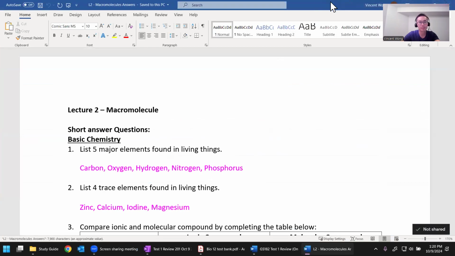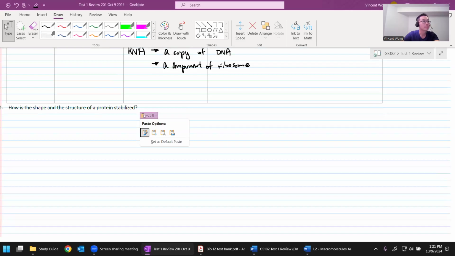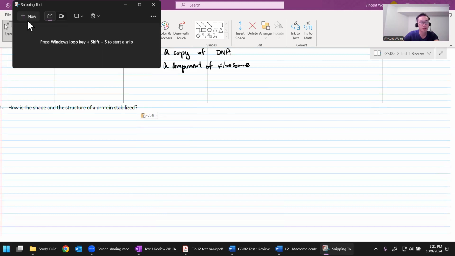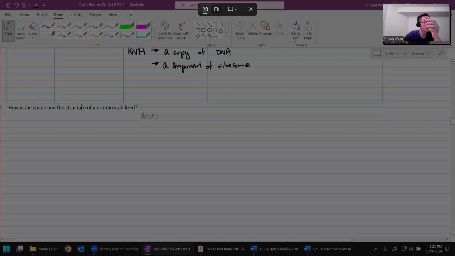All right, next. I'm just going to copy the answer here from an earlier study guide to save some time. The next question is, how is the shape of protein stabilized? Hold on a second. I'm getting there. So you might remember protein has four levels of structure: primary, secondary, tertiary, and quaternary.